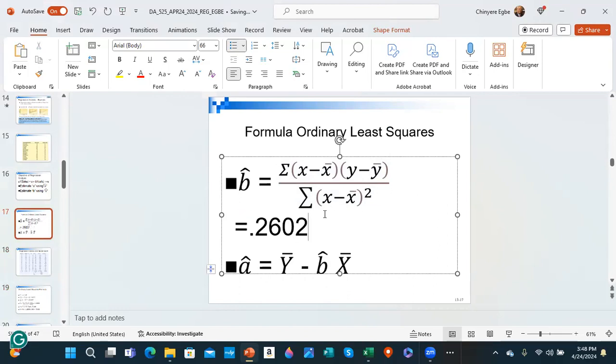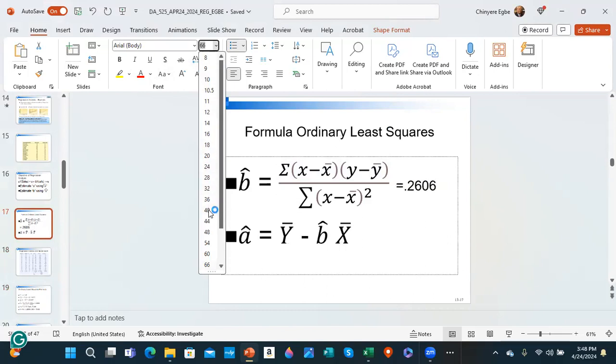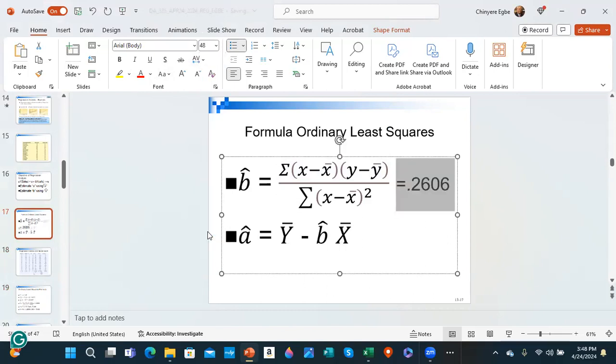0.2606. This is what we had over there. So this is our estimate of the slope of the line.